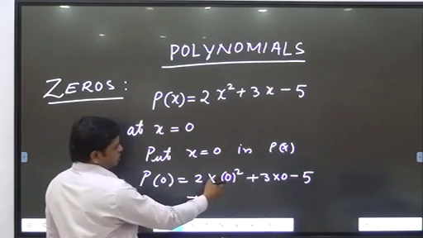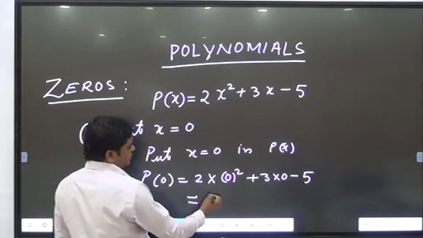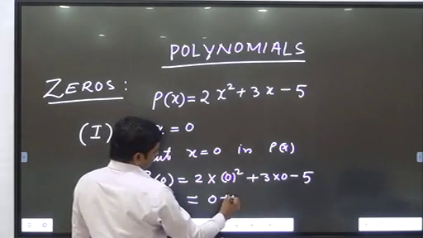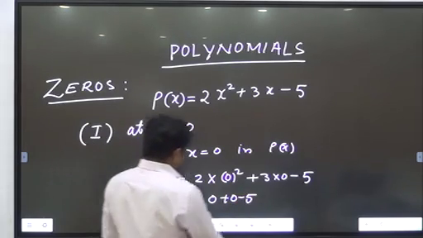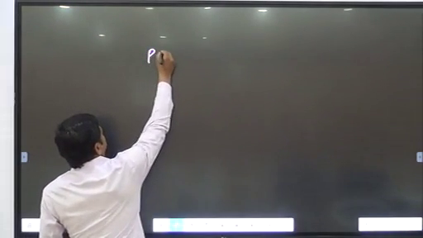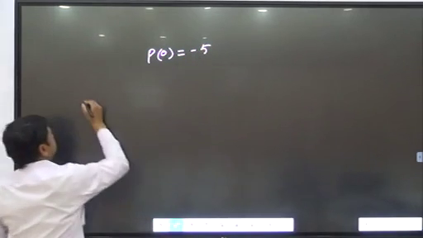Finally we have 0 square as 0, and when we multiply any number by 0 we always get 0. And here also 0, and minus 5. So the value of P(0) is minus 5.